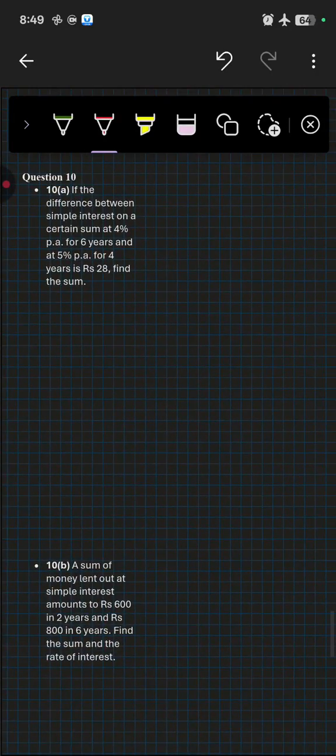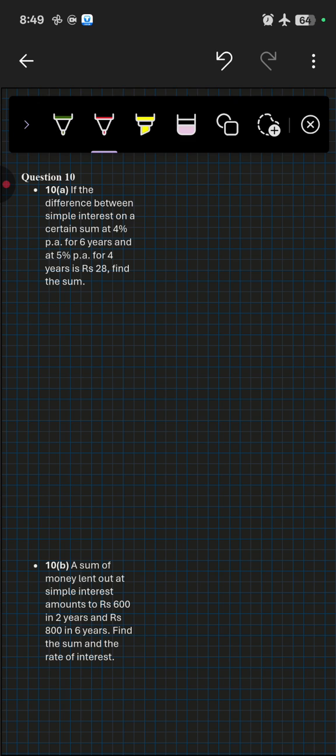Yes. Let's come to question number 10a. If the difference between simple interest on a certain sum at 4% per annum for 6 years and 5% per annum for 4 years. So the difference between simple interest is given. Let us find out the simple interest. I'll do it quickly.